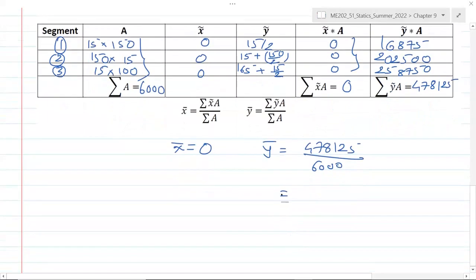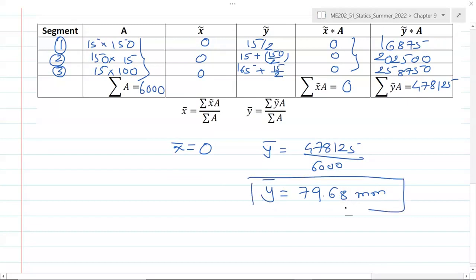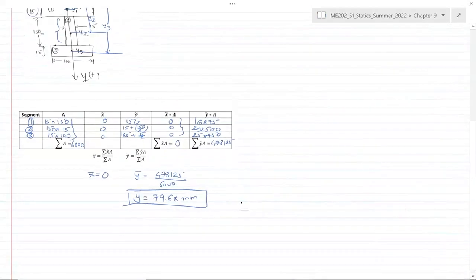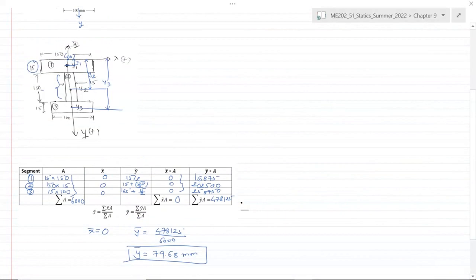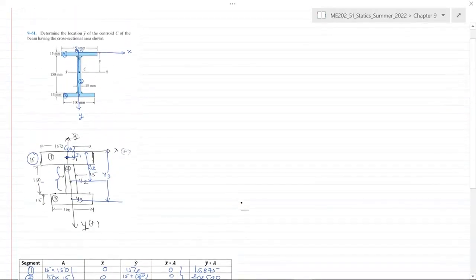So y bar is 79.68 millimeter. That's the solution. So the overall centroid, this distance here, is 79.68 millimeter from the middle of the first rectangle. Okay, so that is from the origin 0, 0.